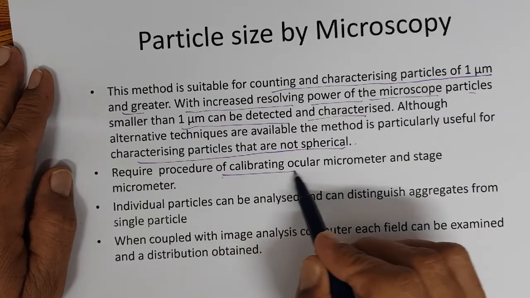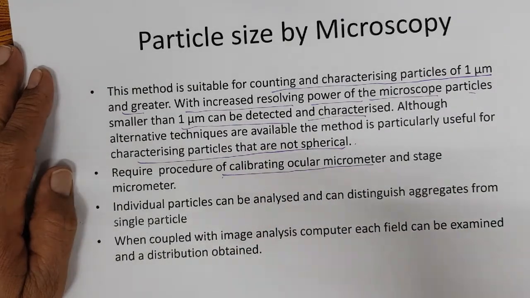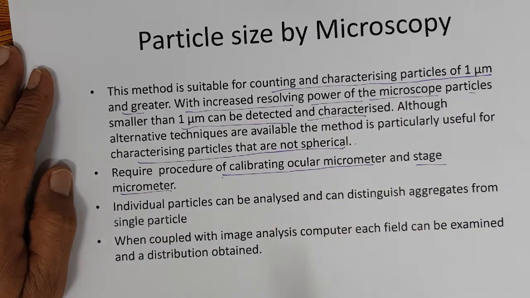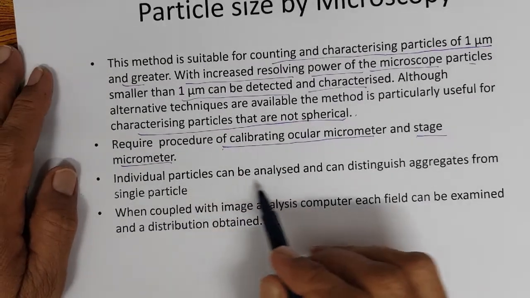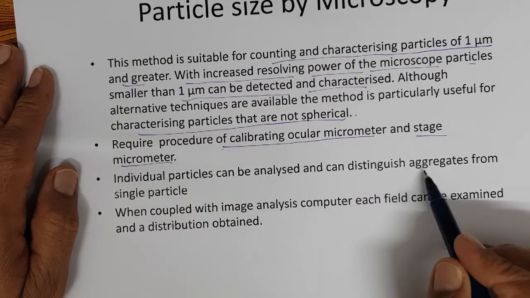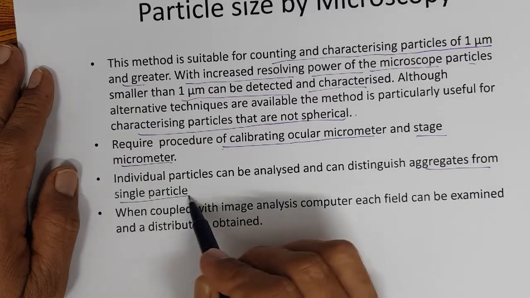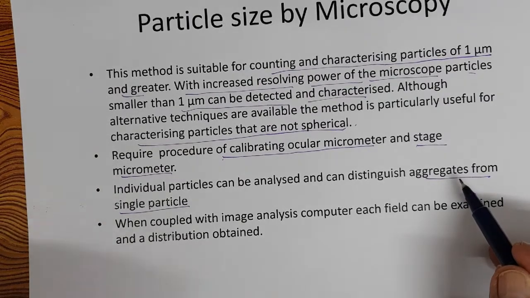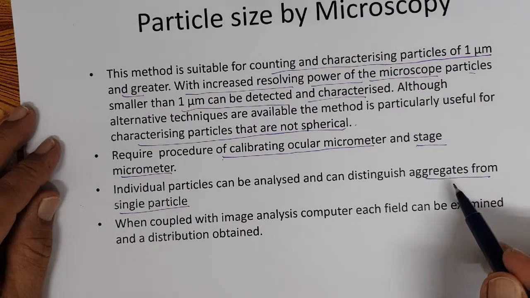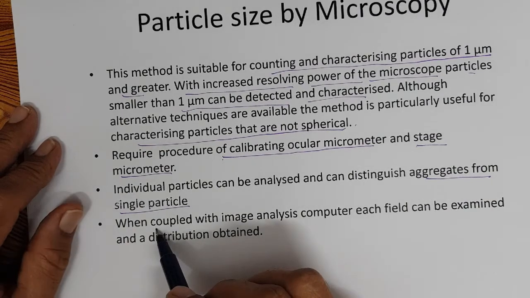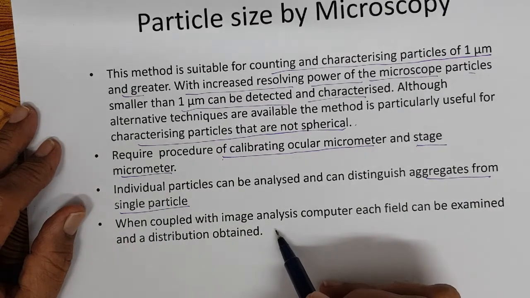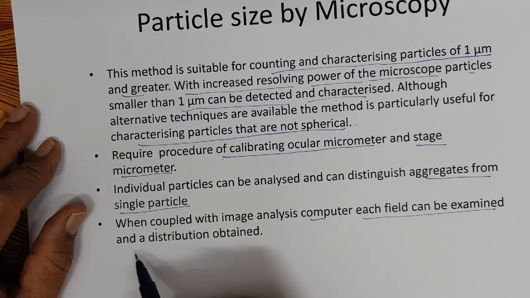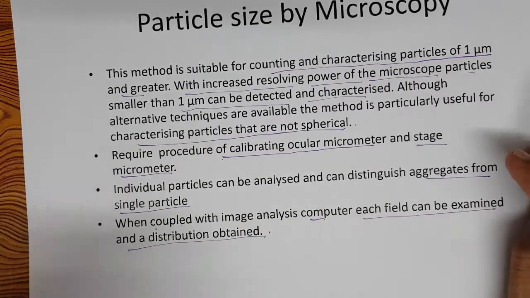It requires calibration of the ocular micrometer, the eyepiece, and the stage micrometer, where you put the sample, right? Individual particles can be analyzed and you can distinguish aggregates from single particles. This is the advantage, right? But it's a lengthy procedure, it takes a lot of time. But when coupled with image analysis by computer, each field can be examined and the distribution can be obtained.